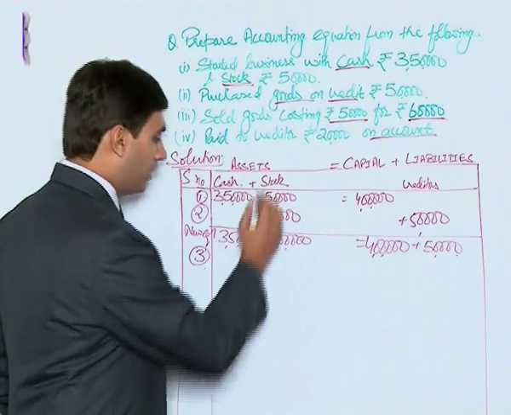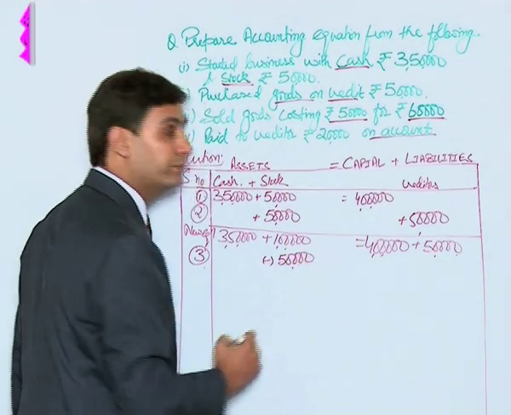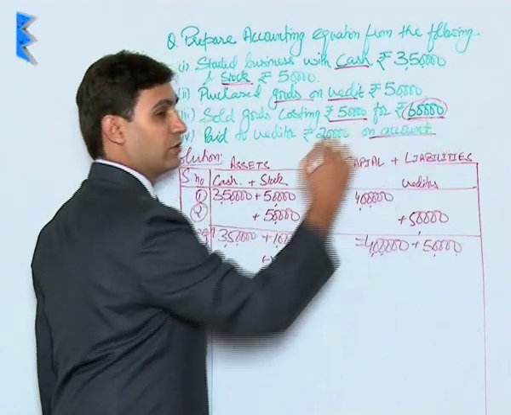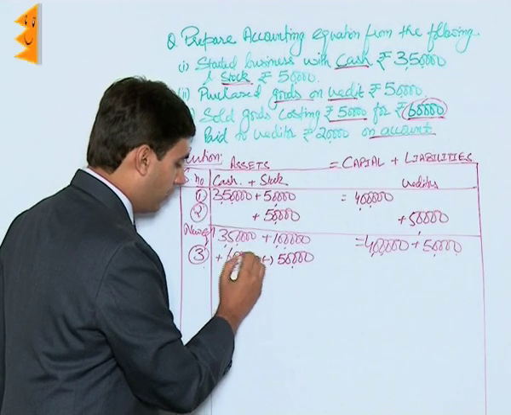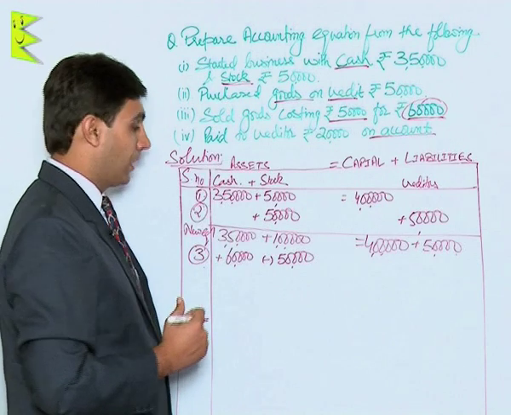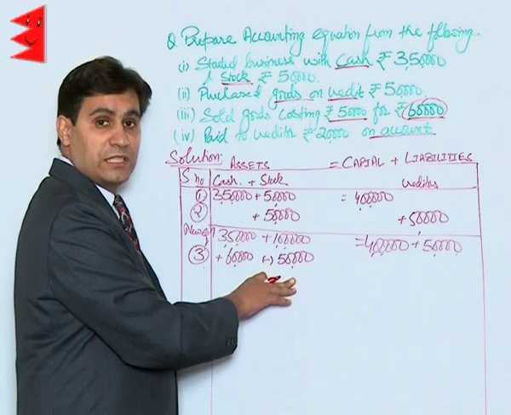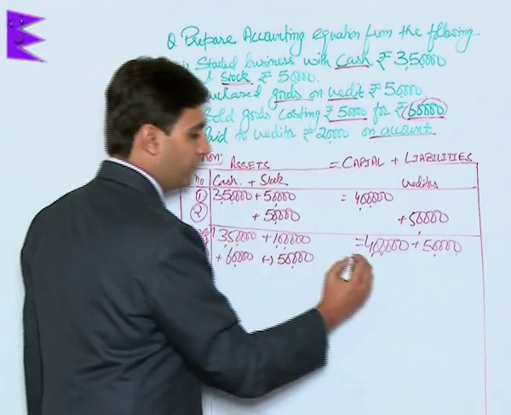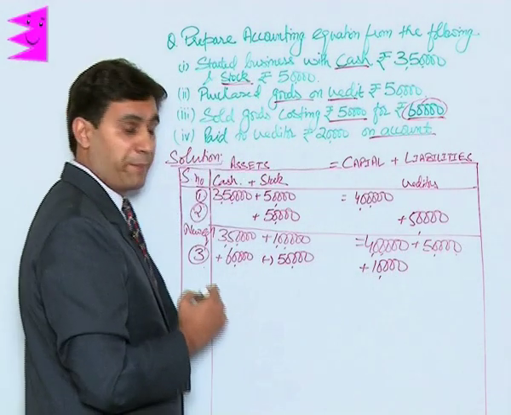Since they have been sold, let us reduce the value of stock by rupees 50,000, and what we have received, rupees 60,000, would be added to the value of cash since we are receiving in cash. Now in this transaction, an asset for rupees 50,000 was sold off for rupees 60,000. So there is a corresponding profit of 10,000 and profit would be added to capital.